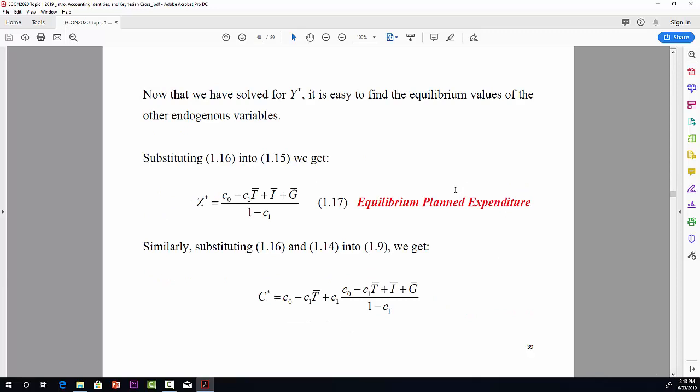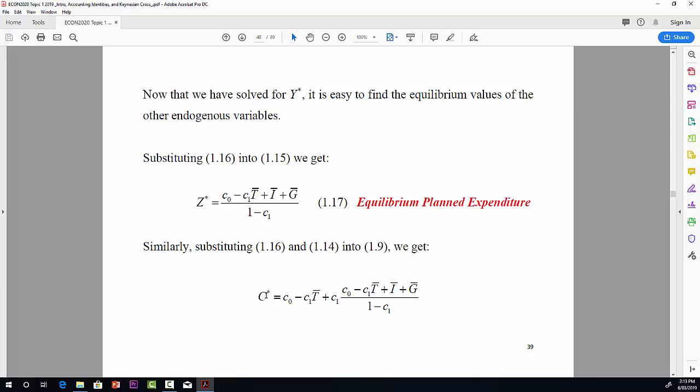Now, once we've found Y star, it's easy to find the equilibrium values for all the other endogenous variables. Let's start with Z, planned expenditure. Z is equal to Y, so therefore Z star is equal to Y star. This same expression is equilibrium planned expenditure. Now, substituting, let's get C star.